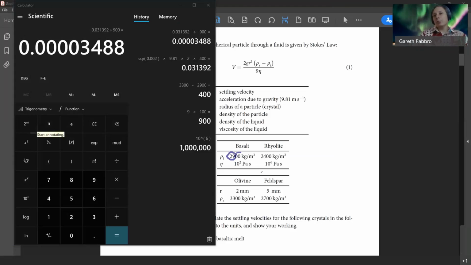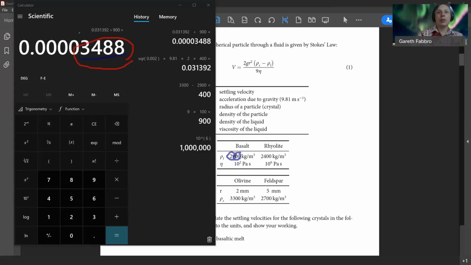Given that we rounded all these numbers, for your final answer, you're not going to know that to this many numbers, quite a lot of numbers. You probably only know it to 2 significant figures.